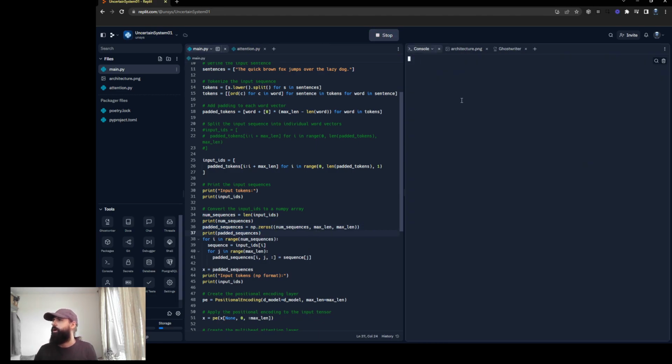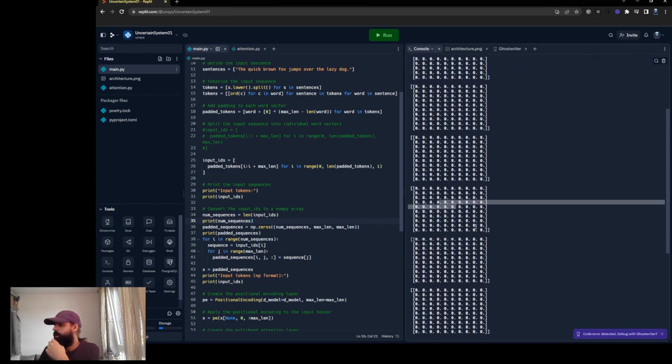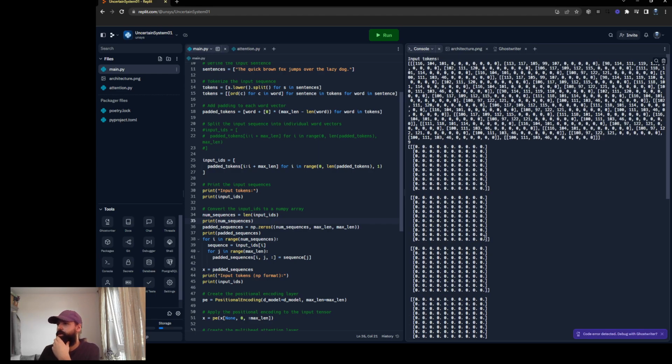So this is fine. It's 9 because we have 9 words. 1, 2, 3, 4, 5, 6, 7, 8, 9 words. And then for padded sequences, what it's doing is 2, 3, 4, 5, 6, 7, 8, 9. It's doing 8. It's creating 8 sequences. 9 sequences, right?